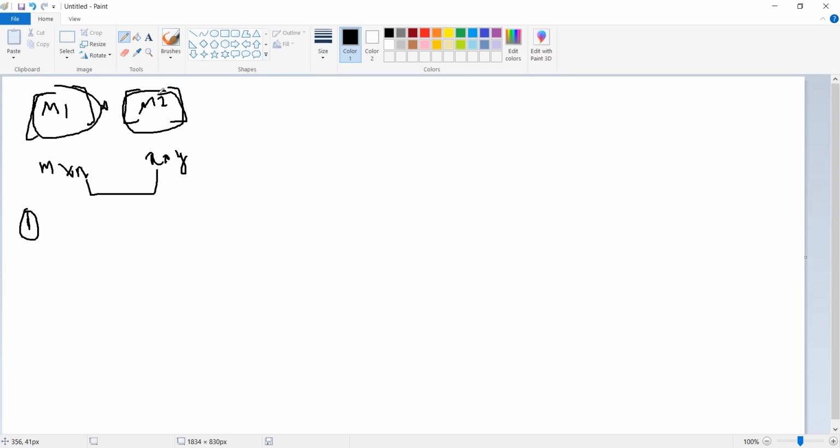That's why order is important here. Otherwise, you cannot perform matrix multiplication. The resultant matrix is of size m and y. So it takes the number of rows from the left side and the number of columns from the right side, and I'll show you how actual multiplication is done.